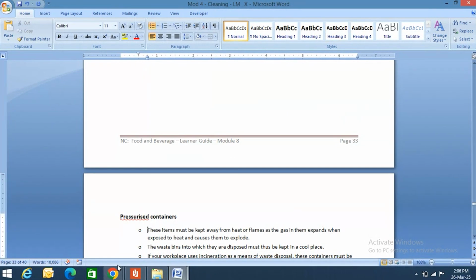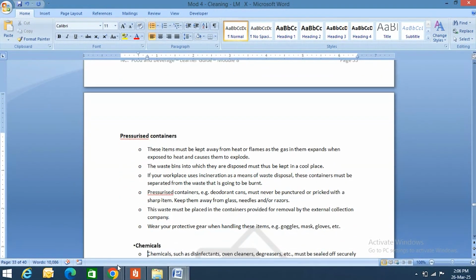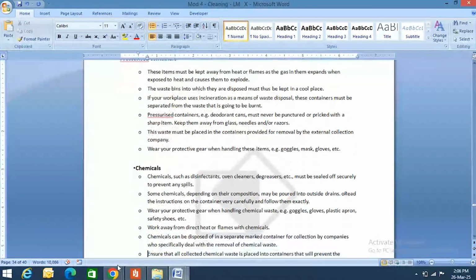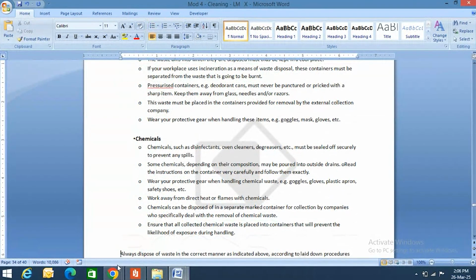Pressure containers is on the top of 34. Oh, there's chemicals here on 34 under pressure containers.